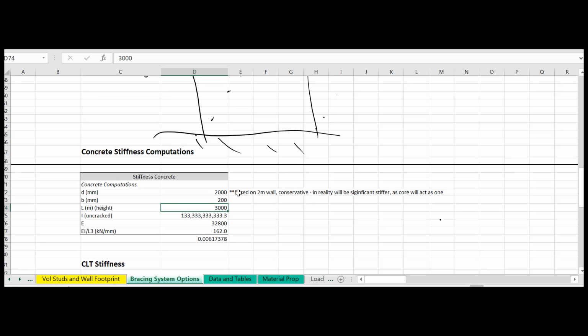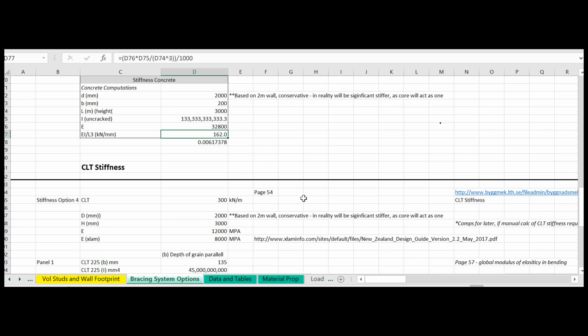200 thick, 3 meters high, and I'll link that to the floor-to-floor height as well, which is meant to be. And I took it as all uncracked. If it's cracked, it's going to be reduced a little bit, but it's already conservative, and that's taken in there. So this is just to get some rough numbers of what the concrete might look like for its stiffness.